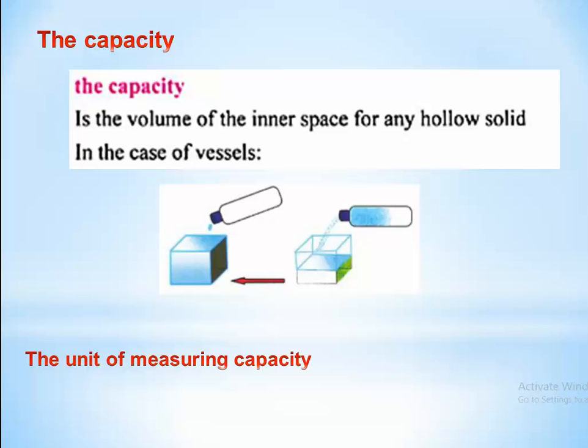Okay. The unit for measuring capacity is the liter, and we know that from any water bottle you can find that its capacity equals 1 liter. It's 1 liter, 1.5 liter, 250 milliliter.